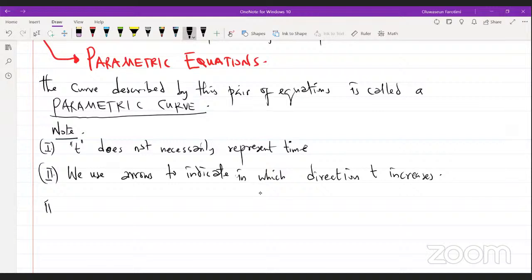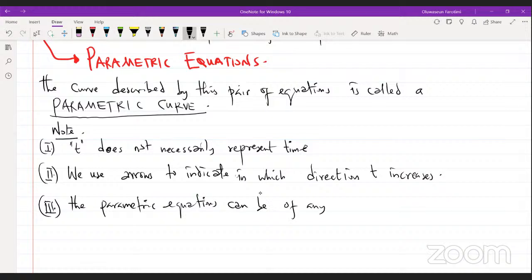And the last thing to state, which is important, is that the parametric equation can be of any kind, guys. It can be of any kind.